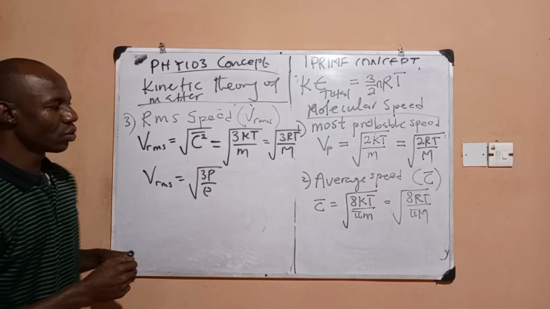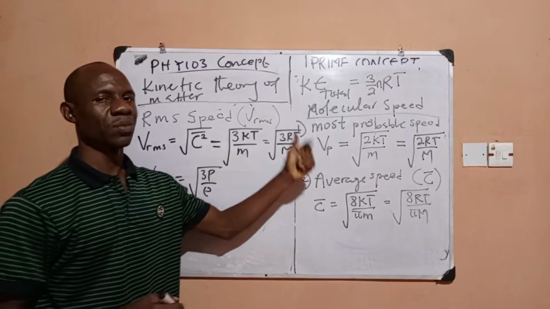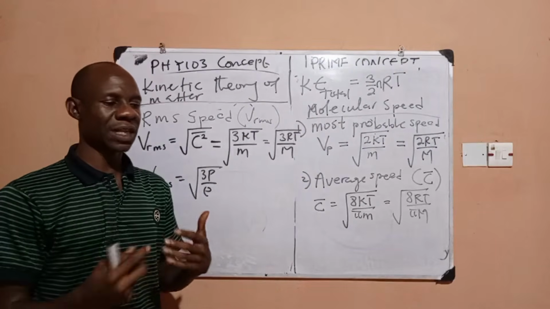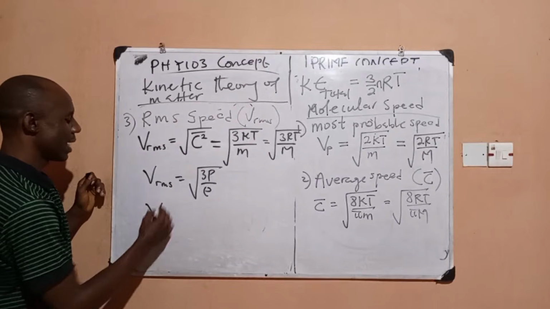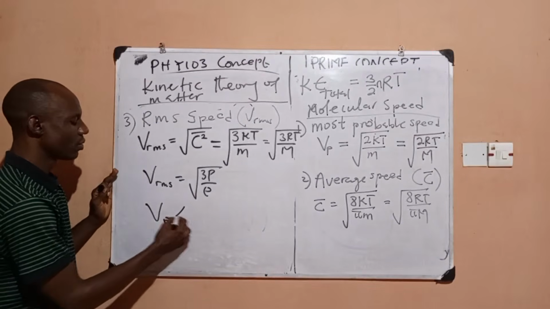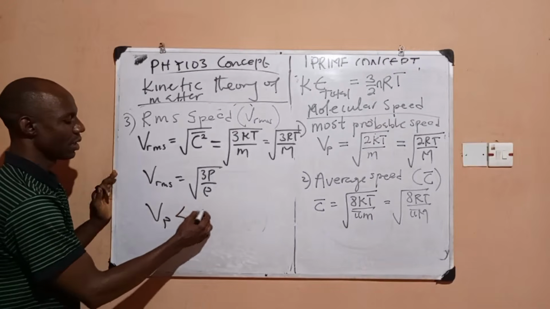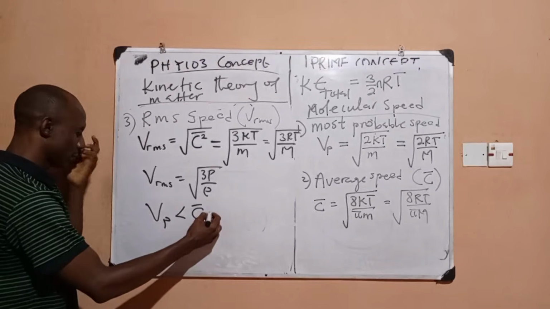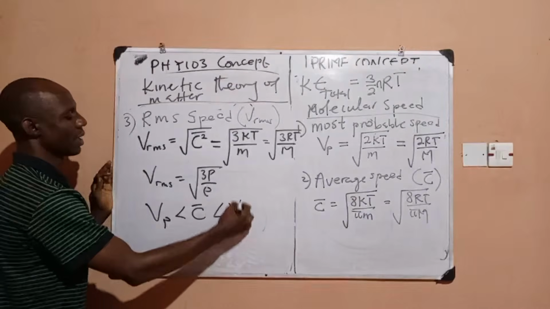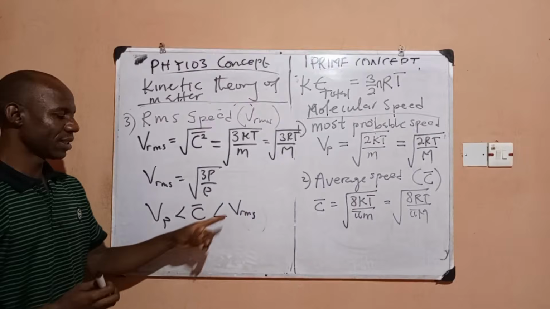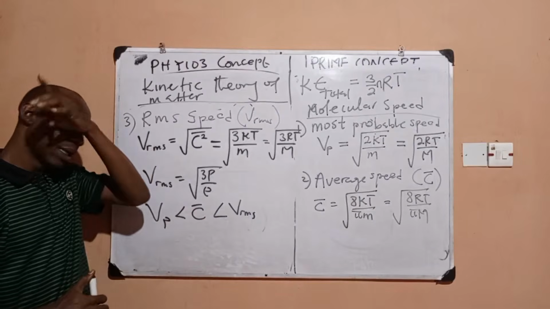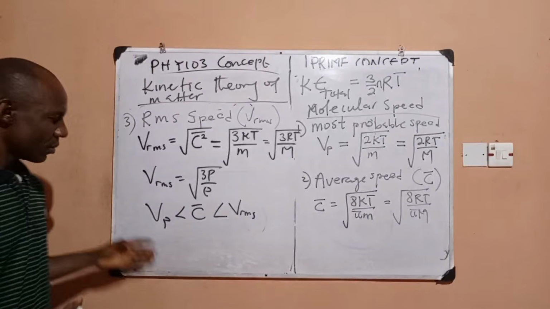Most probable speed should be the smallest, because that is the common speed that most particles would have. So their order is: most probable is less than the average speed, and average speed is less than RMS speed. So the biggest of them is RMS speed.